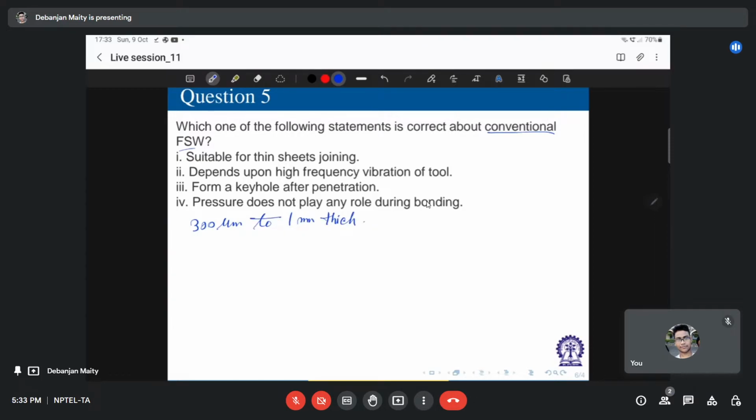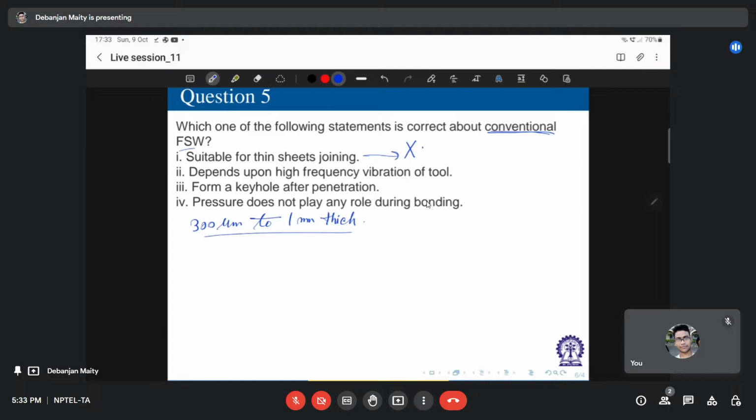If you see conventional friction stir welding, it mainly welds sheets of maybe 2 to 3 mm thickness. So in terms of conventionality, yes, this is not suitable for thin sheets joining.